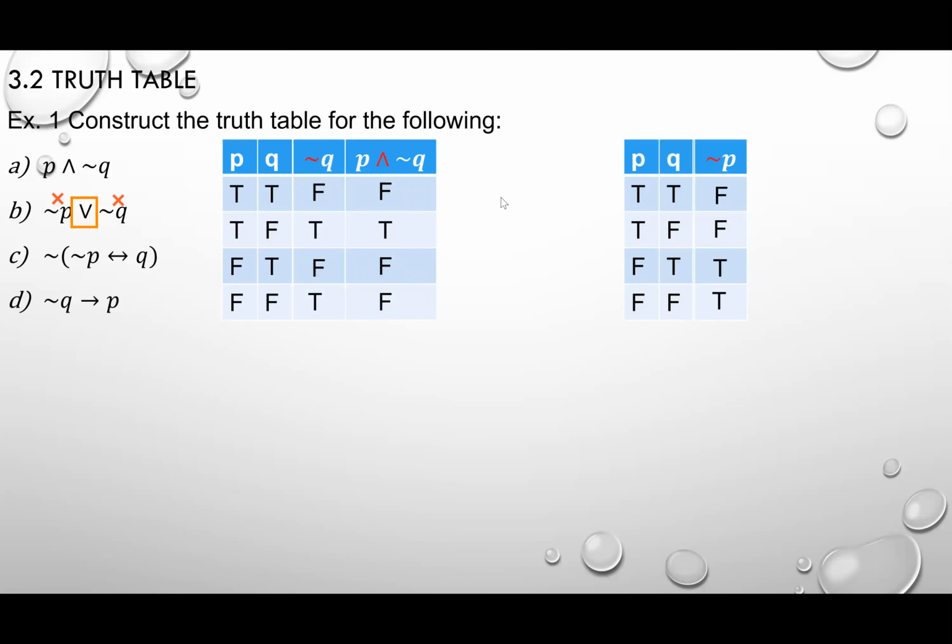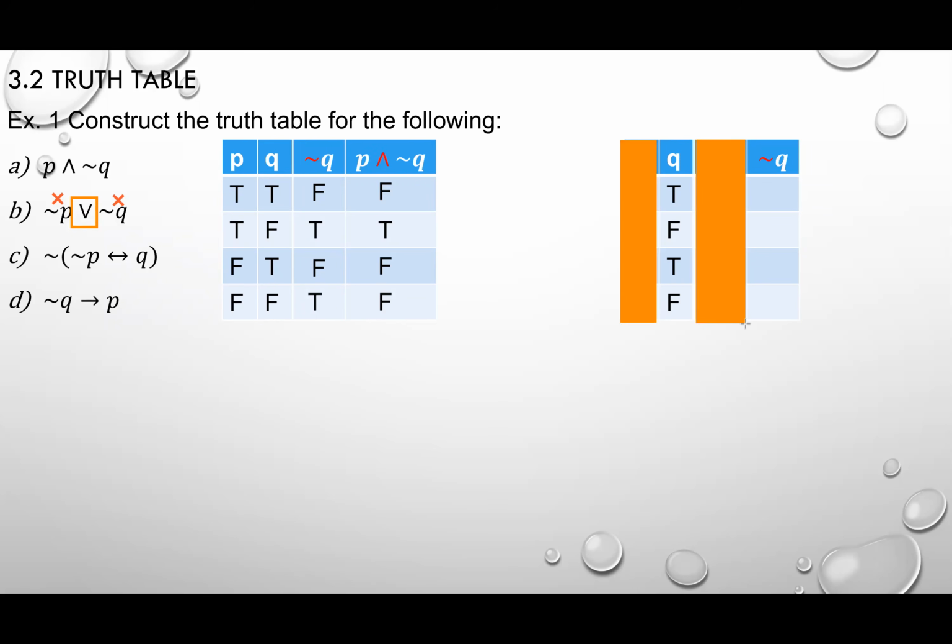And similarly, I can find the negation of Q. Just like before, let me block the thing I don't need, because the negation tells me to just look at one column. And what column am I looking at? I'm looking at the Q column, which is true, false, true, false. What is the negation? Well, the negation will be false, true, false, true.